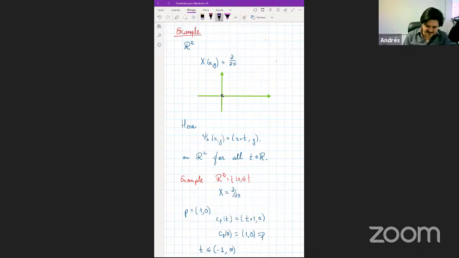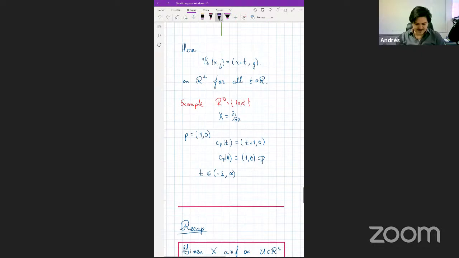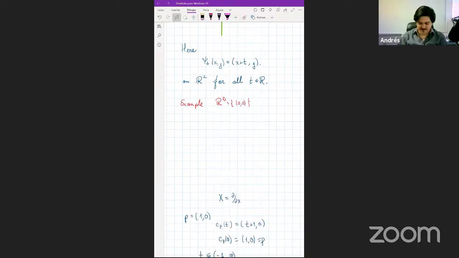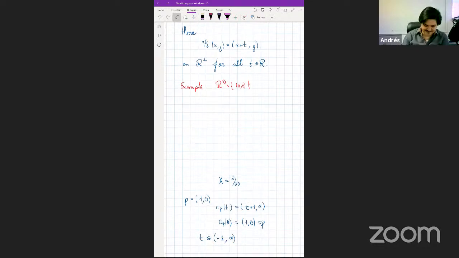So we don't have this. Let me put it here where the example starts.